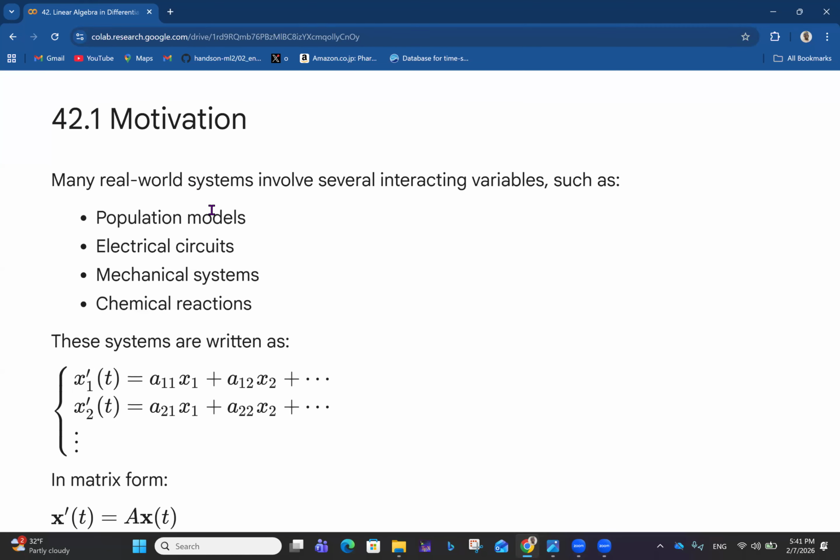Like when you talk about population models, electrical circuits, mechanical systems, chemical reactions, you can write them as systems of equations like those we've seen before. So you have x1 prime of t equals a11 x1 plus a12 x2 all the way down. Then you have x2 prime of t equals a21 x1 plus a22 x2, and things go on like that.